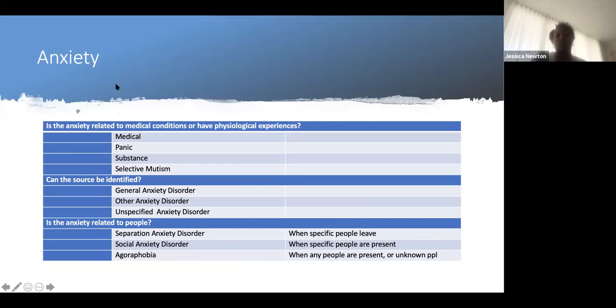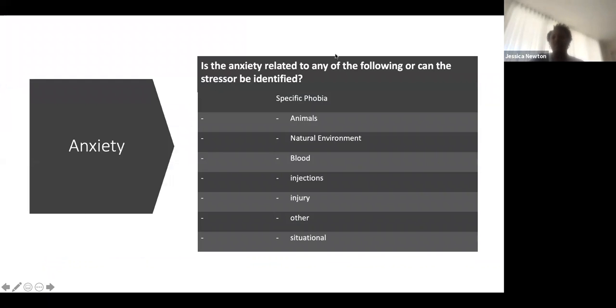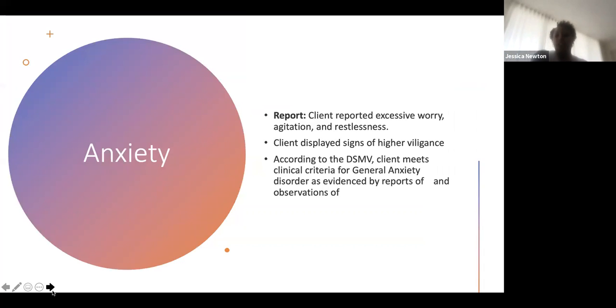So again, we heard words of excessive worry, that's anxiety. Then we ask, are there any physiological or medical conditions? Can the source be identified? Is the anxiety or the source of stress related to people, or is it related to something specific? And then after everything that we gathered, this is the result that we came in with.